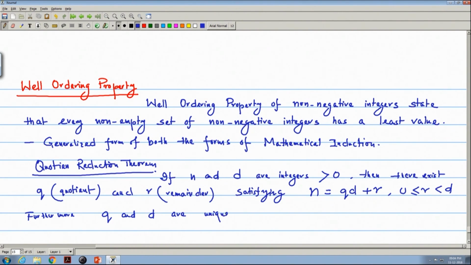So, this is our very well known quotient reduction theorem, and it can be proved very easily by the well ordering property. But all of us know this simple form, and I just mention that we can also prove this by mathematical induction.